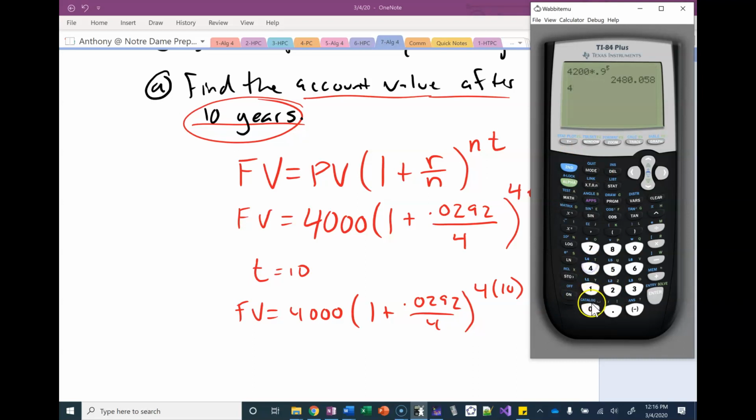So I have 4,000 times 1 plus 0.0292 divided by 4 raised to the 4 times 10. So if I press enter, I have 5,350.73.